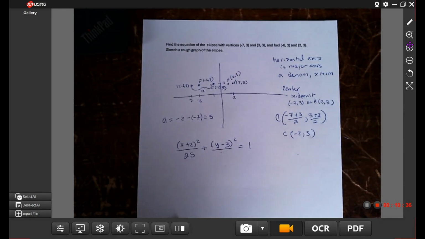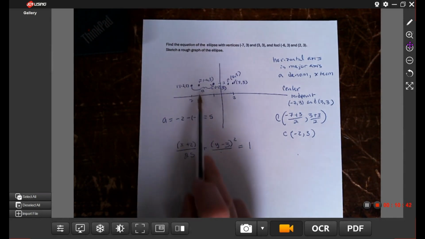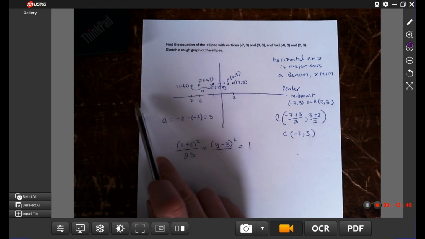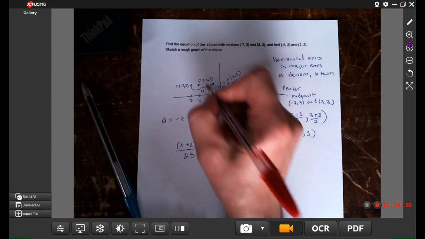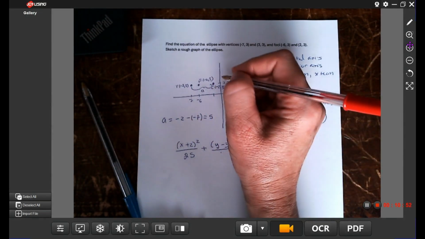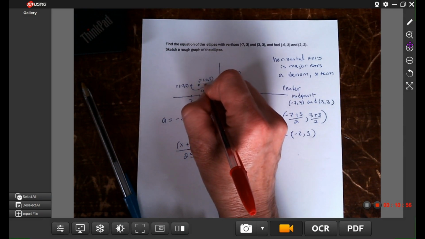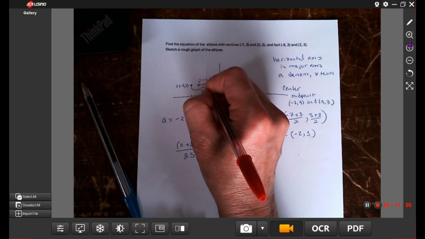So I think we're going to have to work with c to find b, because we don't have any information about the vertical stuff. We only have the horizontal, the things along the horizontal axis. So let's figure out what c is. So c is always the distance between the center and a focus. So let's work on this one. Either one would do it because it's the same answer.